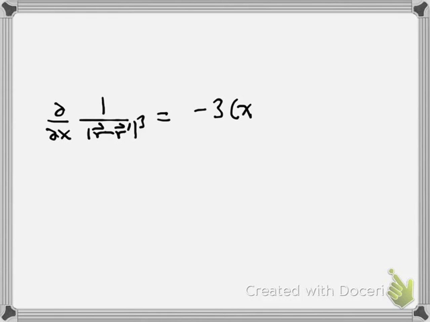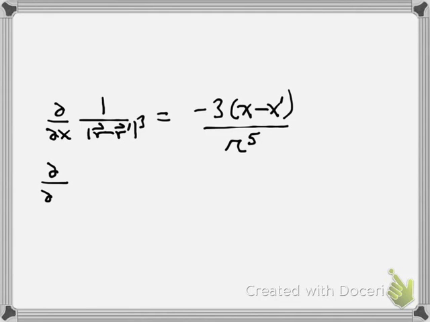So collecting it all together, I get that d by dx of 1 over script R cubed is just equal to minus 3 times x minus x prime all over script R to the 5th. Now, the same thing can be done for the y and the z.